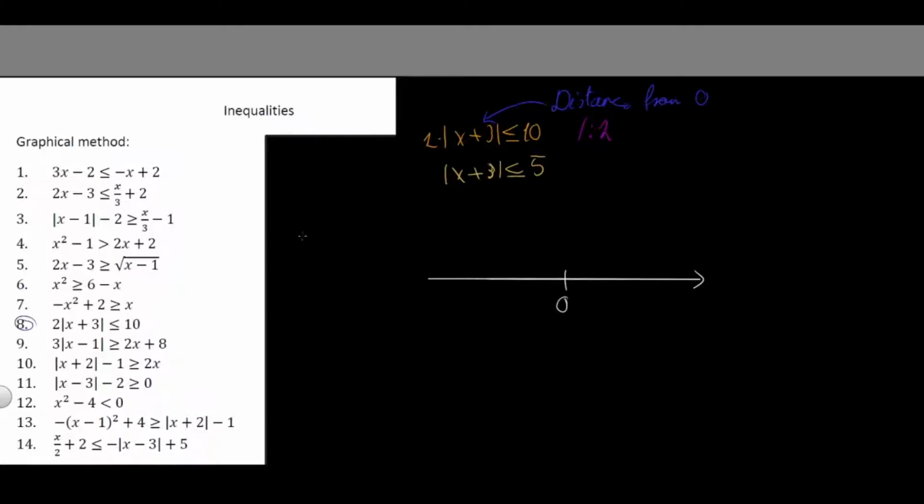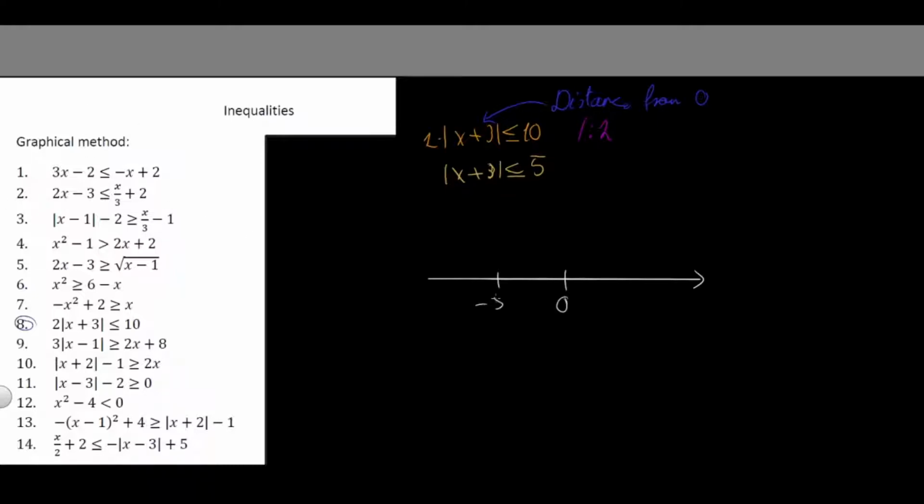So it means that we can show the distance from 0 of x plus 3. We know that the distance from 0 of x plus 3 is not more than 5, but it can be 5. So let's just write with white.